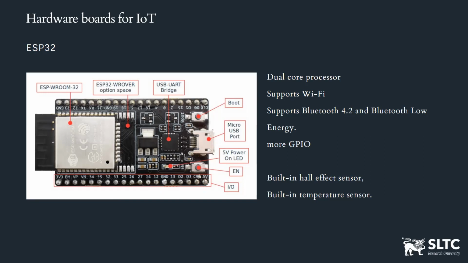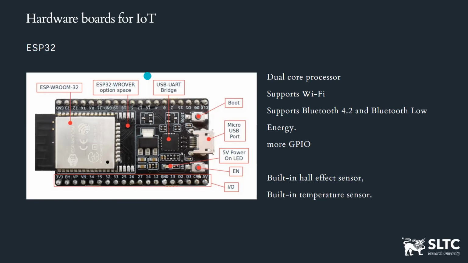We need to refer to the technical specifications of these microcontroller boards to see how much processing is there in these boards, what amount of data they can transfer per unit time, and the amount of data you can store in the boards. So depending on the application, you need to decide which controller you need to use.